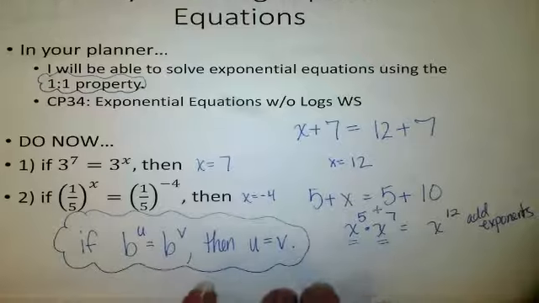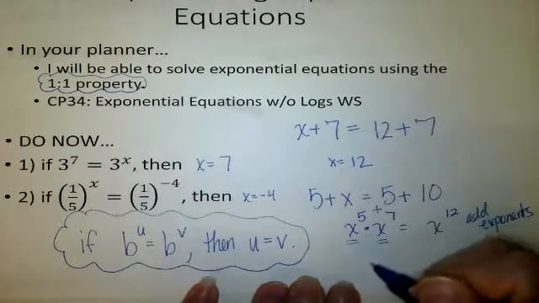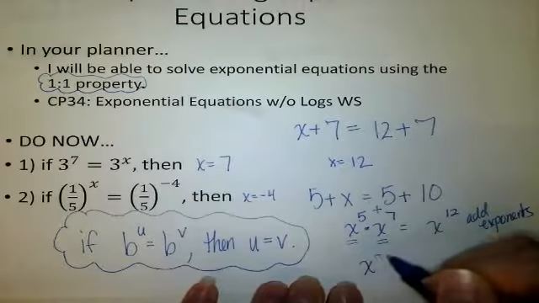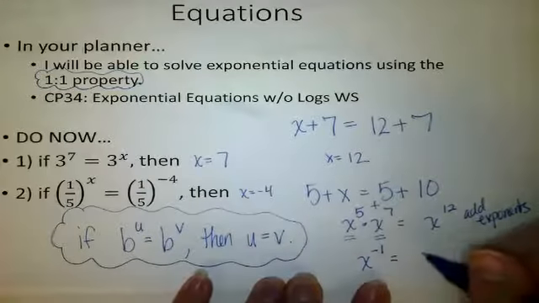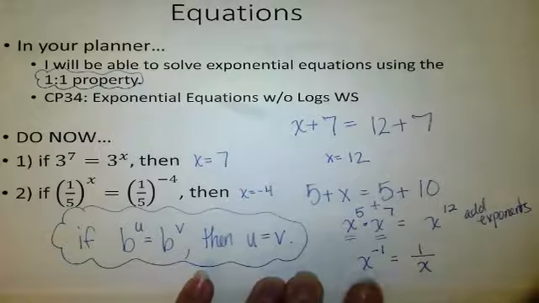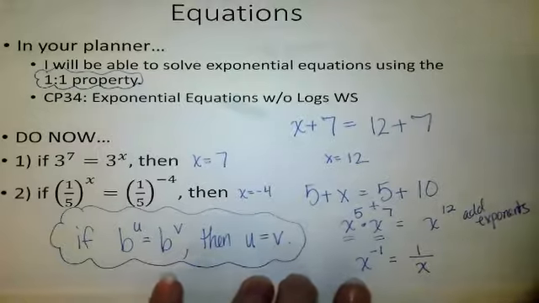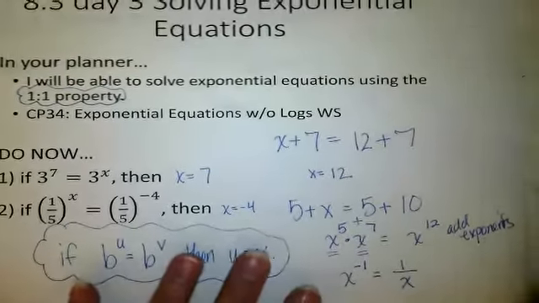All right. Another thing, if I have x to the -1 power, what does a negative exponent do? It makes it a fraction. It makes it 1 over x. So it creates a fraction. The reverse is true, I guess I should say.